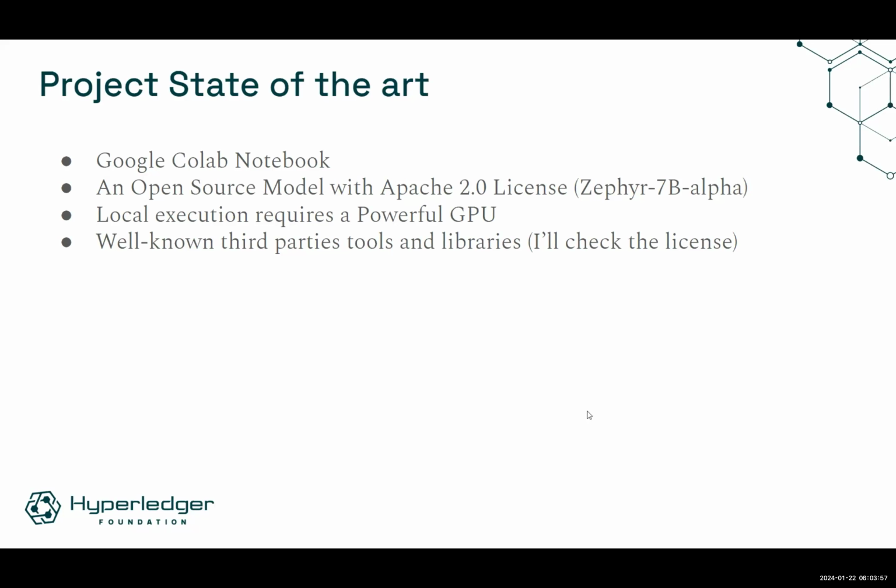Mistral is a very famous model, and it does not allow local execution except on a machine with a powerful GPU. And we are also using well-known third-party tools, but I'm checking the licenses to be sure.